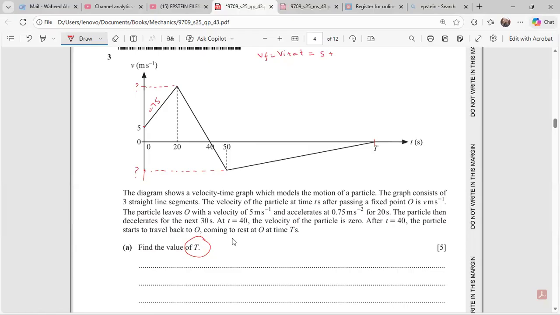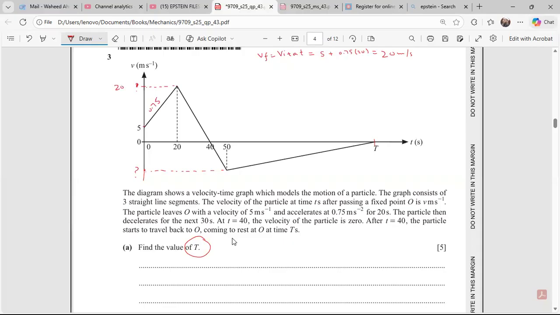So 5 plus 0.75 times 20 gives 20 meters per second. After 20 seconds, the speed will become 20 meters per second.